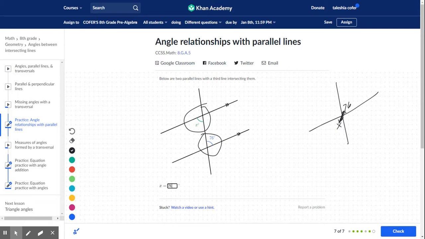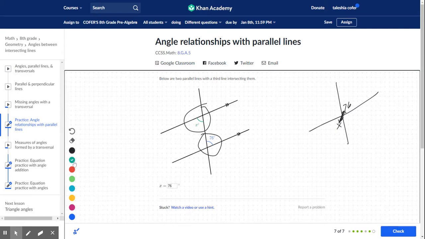76. The reason why I like to use that shortcut is because I don't want to go through a bunch of extra calculations, but you're more than welcome to. Remember how we said that if they form a straight line, that is 180? This 76 and this angle here form a straight line, so they would be 180. So I would take 180 and subtract out the 76, and I would be left with 104.